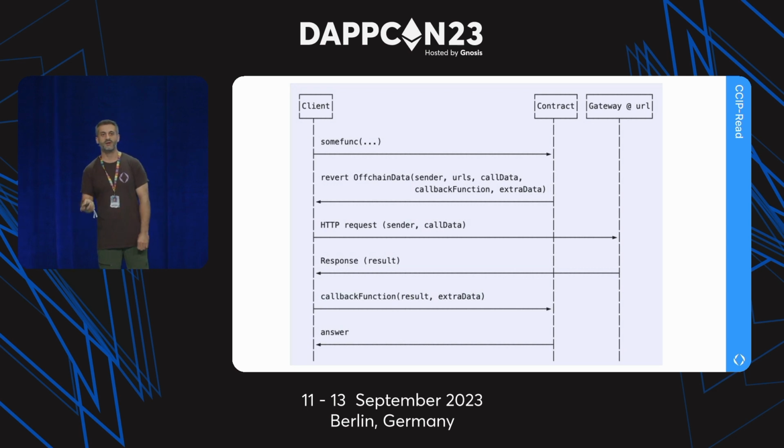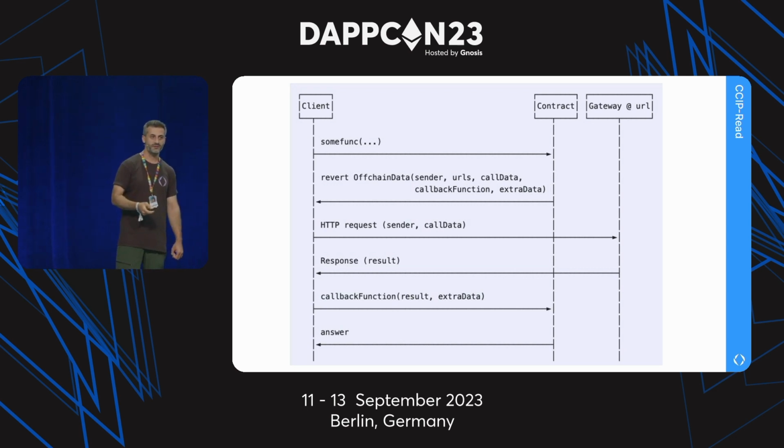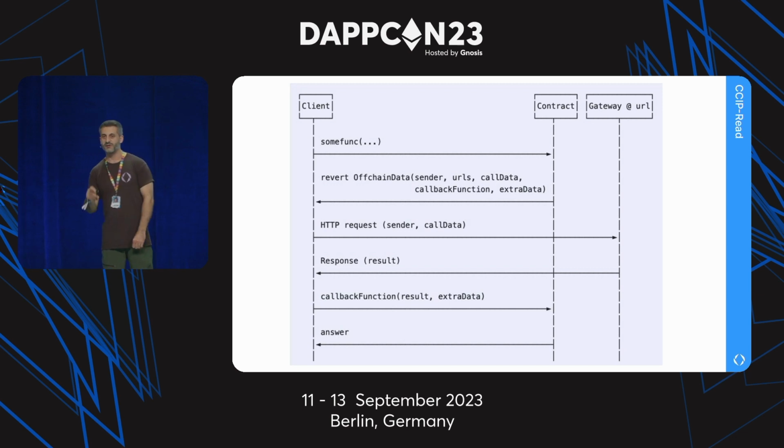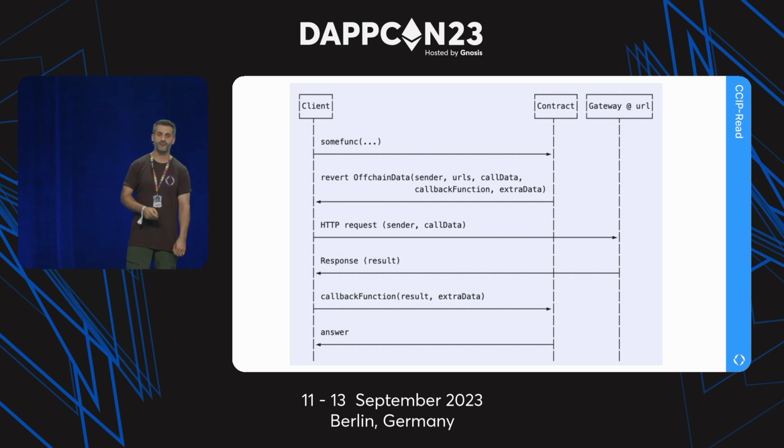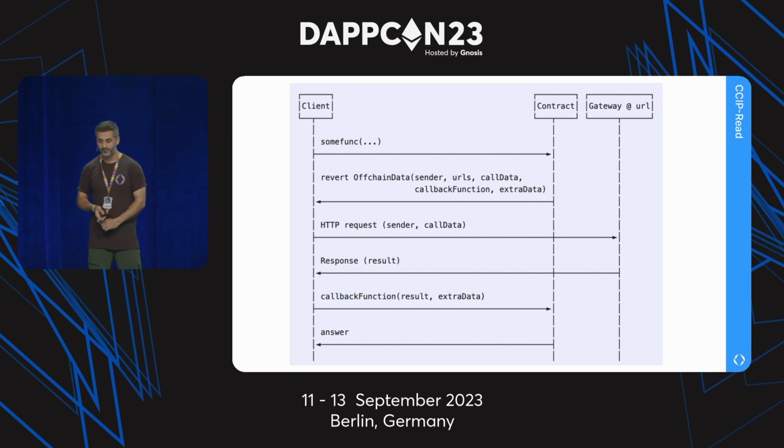In regular Ethereum applications, if the chain has this information, it just returns the return data. But in our case, we are returning a specialized error instead of just a revert, because we don't have this data in L1. We are returning off-chain data, which has some information: the sender, which at this point is not really necessary, and the gateway URL, which is super important.